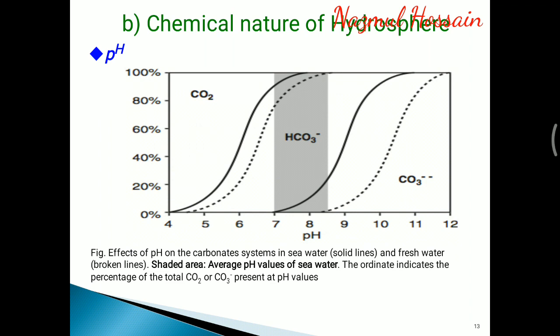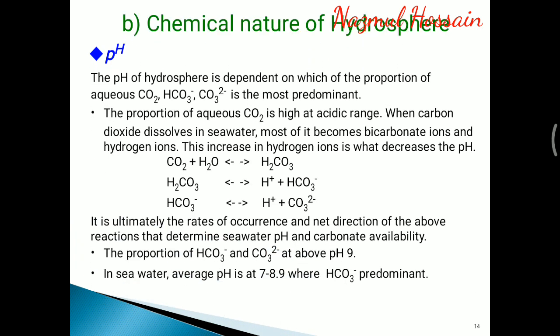The ordinate indicates the percentage of the total carbon dioxide or carbonate present at each pH value. The pH of the hydrosphere depends on which of aqueous carbon dioxide, bicarbonate, or carbonate is the most predominant. The proportion of aqueous carbon dioxide is high in the acidic range.